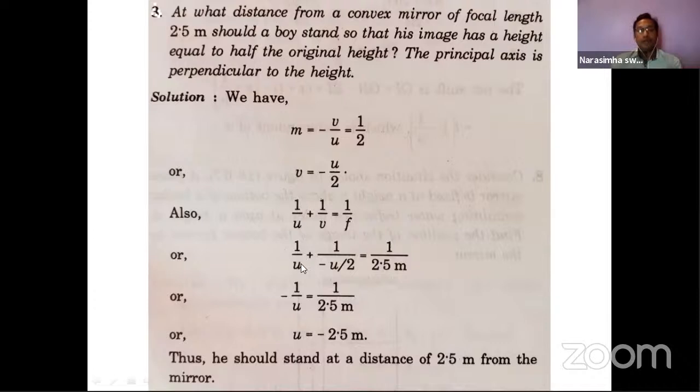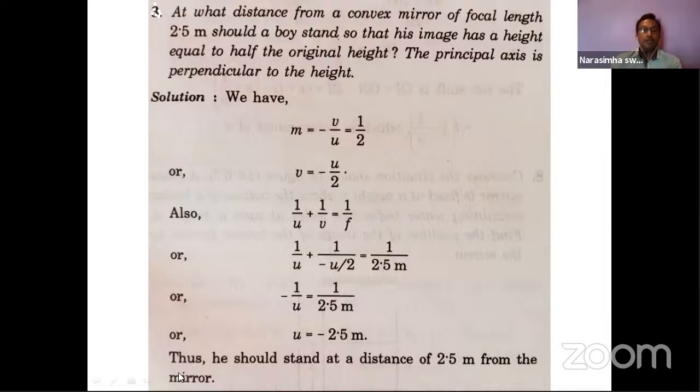Substitute all the values here: 1 by u plus 1 by v, with v as minus u by 2, is equal to 1 by f, and the focal length is given as 2.5, so 1 by 2.5. Simplifying, you are getting minus 1 by u is equal to 1 by 2.5, so u is equal to minus 2.5.